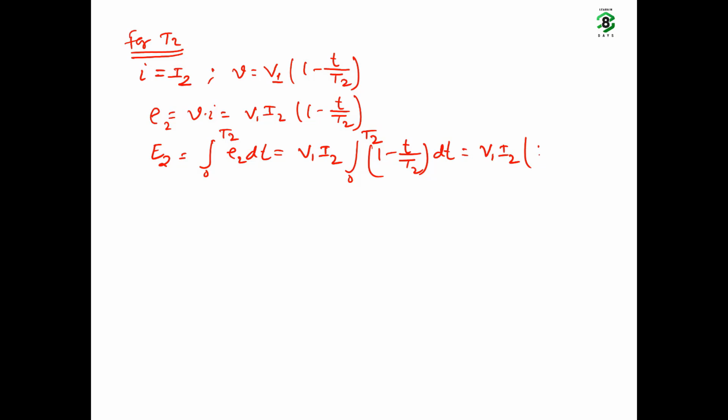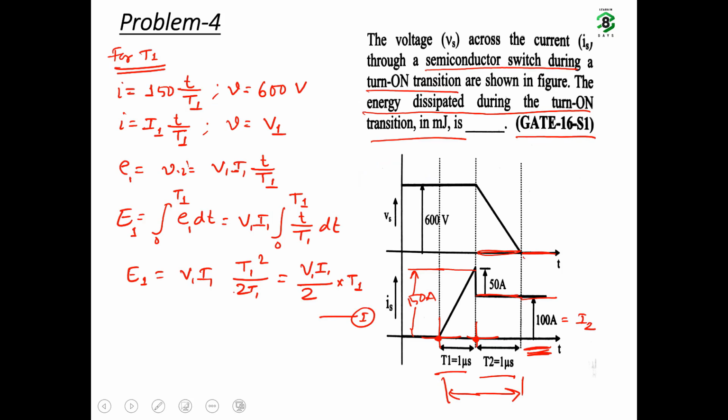Then after integration we will get T2 by 2, V1 I2 by 2 into T2. This is expression number 2, the energy loss for the duration of T2.